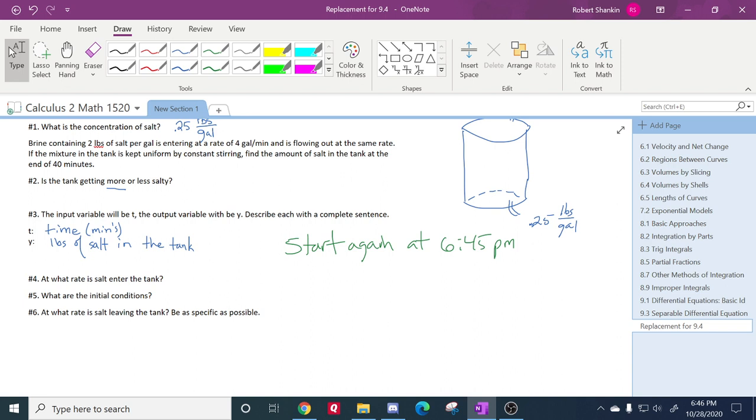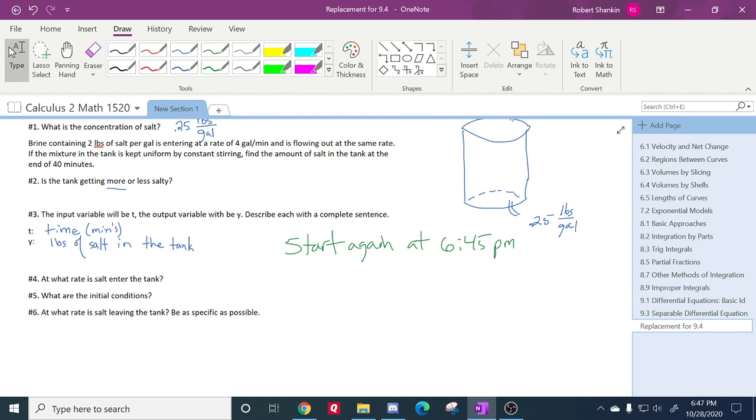Okay, you can hit enter. Discuss any of these with your group. Okay, group 7.